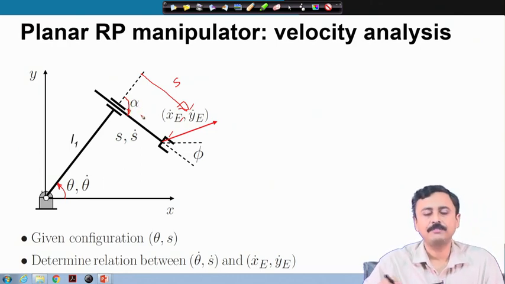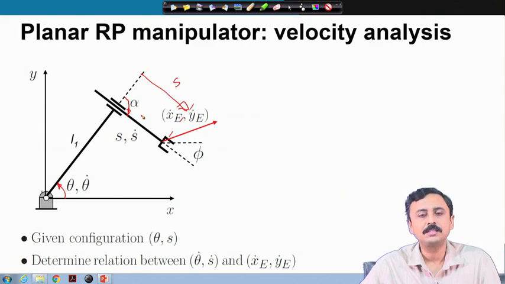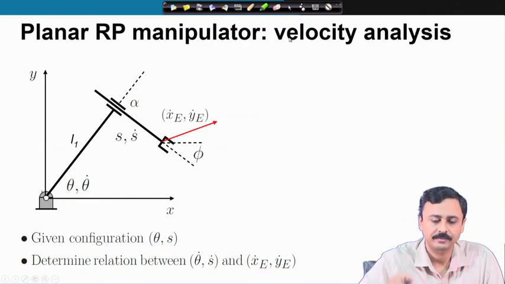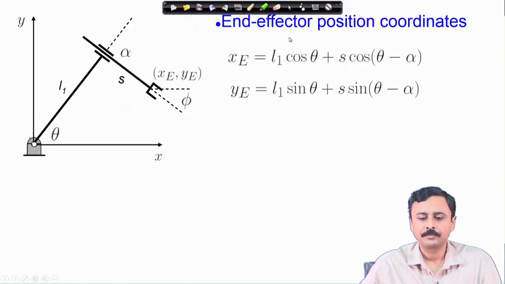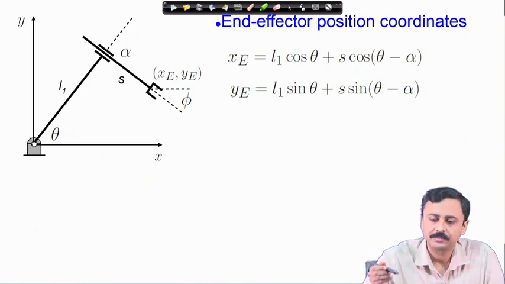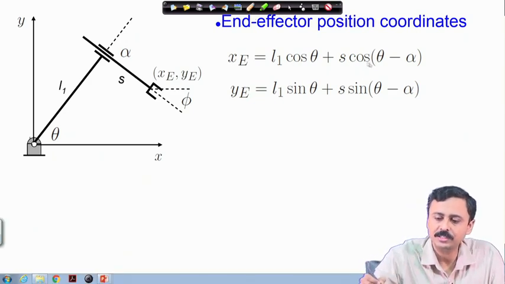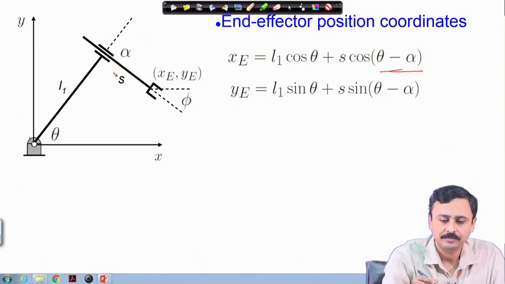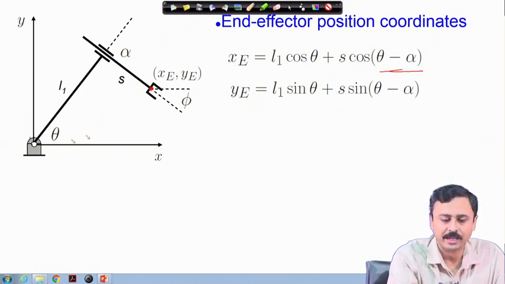Note that angle alpha is being measured in the clockwise sense, therefore, it is to be treated as a negative angle. So, the end effector position coordinates xe and ye are related by these expressions which we have already discussed.